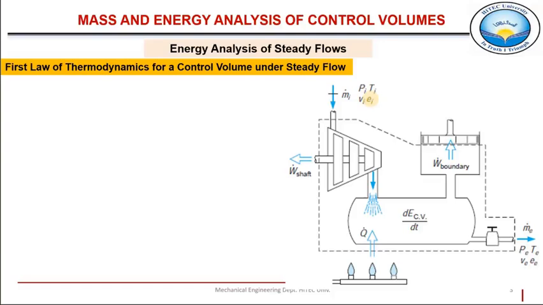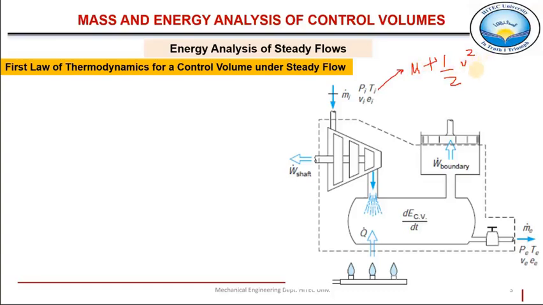So what types of energies does this mass carry with it? Due to its temperature, it will have energy in the form of internal energy, plus because it is moving with a certain velocity, it has energy in the form of kinetic energy, half V squared. Now I am writing everything for a unit mass.